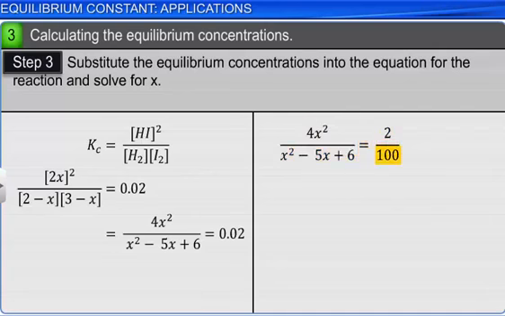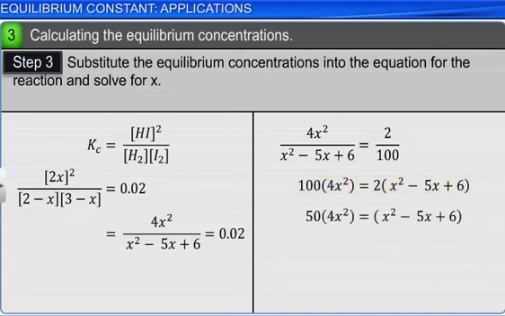On cross multiplying, we get 100 multiplied by 4x² is equal to 2 multiplied by x² minus 5x plus 6. On crossing off 100 with 2, we get 50 multiplied by 4x² is equal to x² minus 5x plus 6. This becomes equal to 200x² is equal to x² minus 5x plus 6.